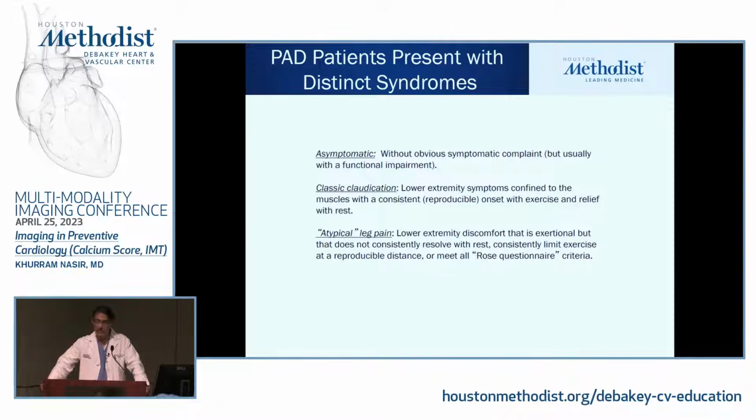There are other presentations of PAD. Those are in the inpatient setting, and we'll get to that. But the most common is, if you don't screen your patients, a lot of times these patients are going to be asymptomatic. They'll often modify the level of exertion that they do in order to not have lower extremity symptoms.